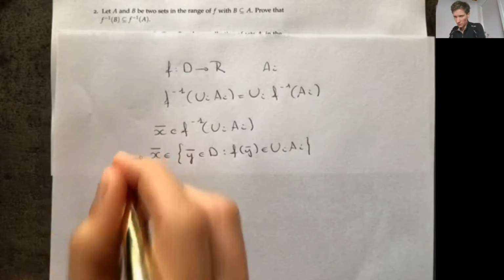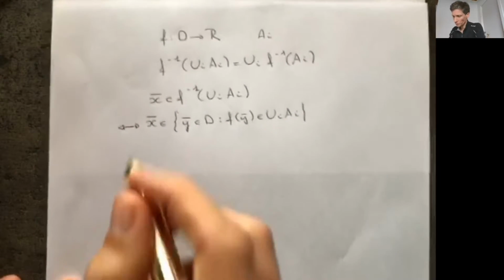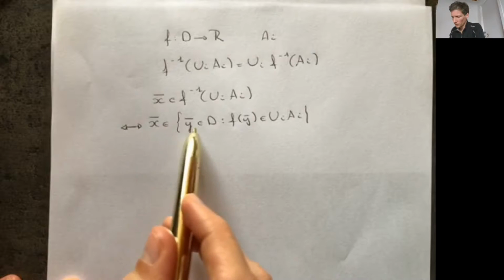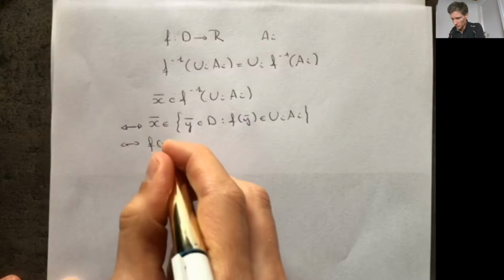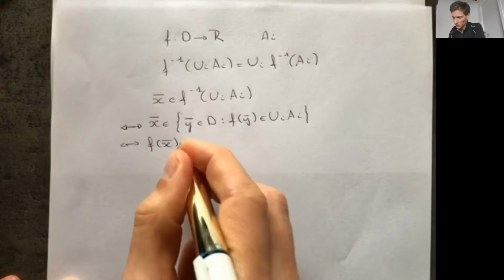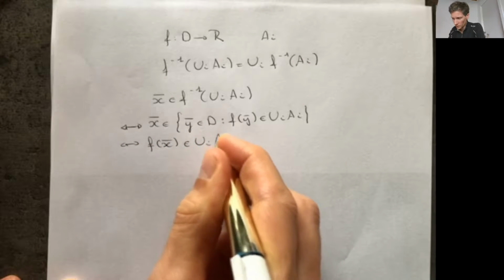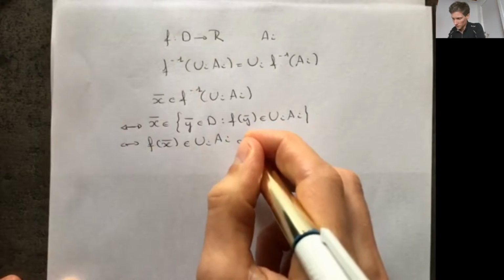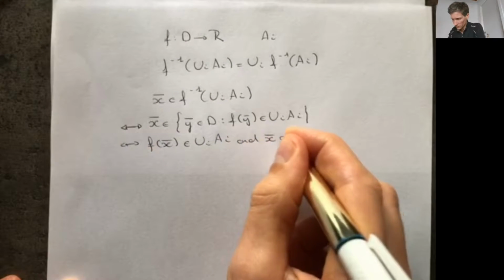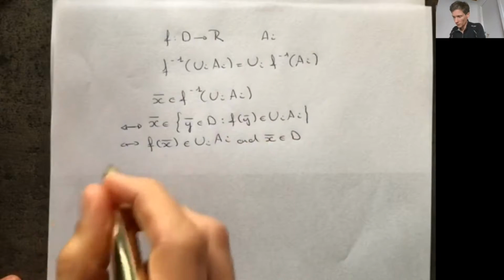And this is in fact an if and only if: x is in the set if and only if f of x is in the union over i of A_i, and of course x is in D.